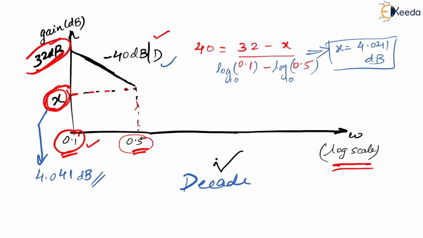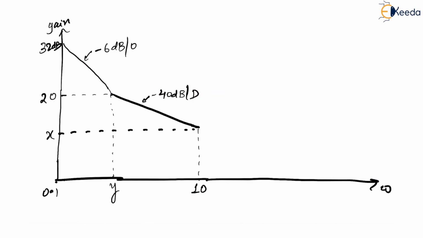But we can also have a merger of both. I mean to say the same omega, right? I can also have some things where I may have octave as well as decade on the same graph. Let us see how to solve for slope in such cases, right?